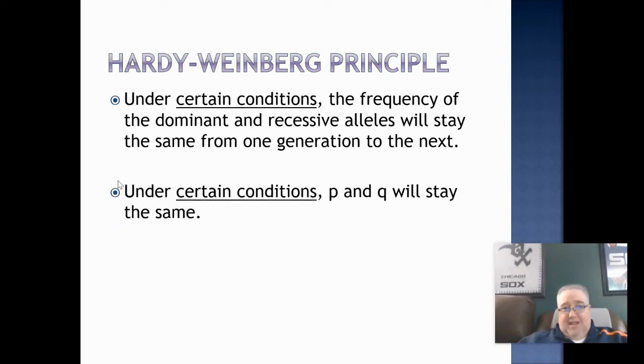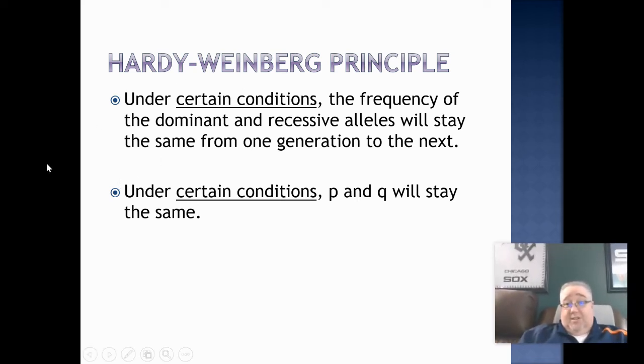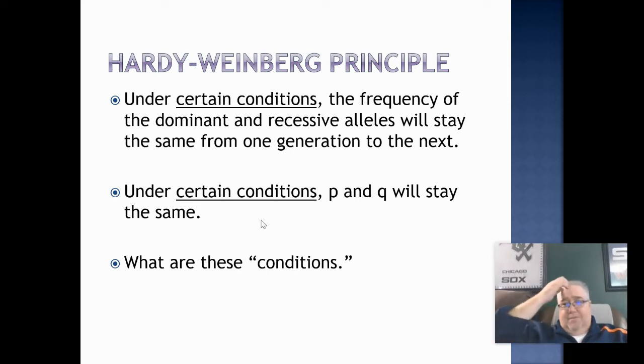Another way to say that is under certain conditions, P and Q will stay the same. They actually will not change. So 50 years from now, according to the Hardy-Weinberg principle, as long as these conditions are met, then those frequencies are not going to change at all.